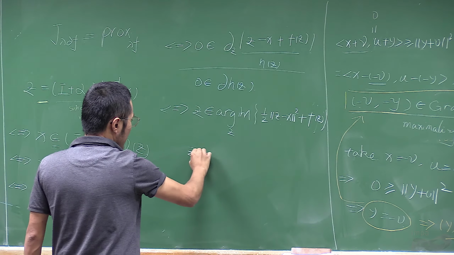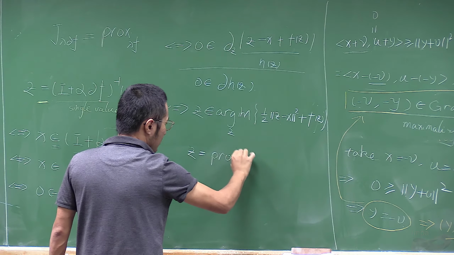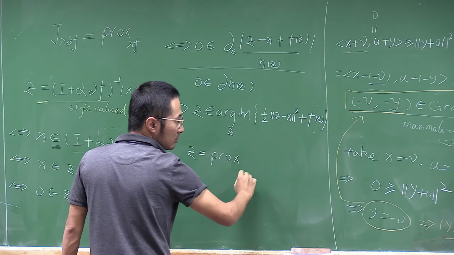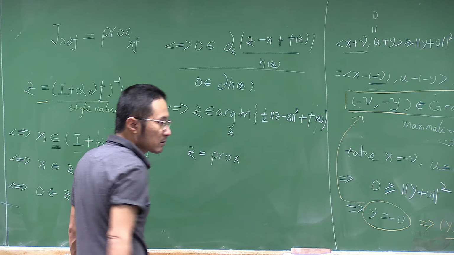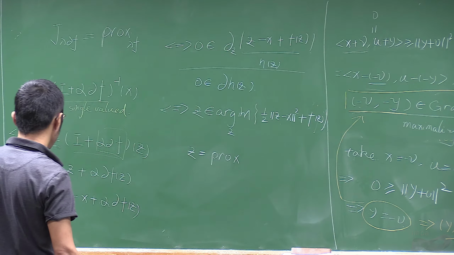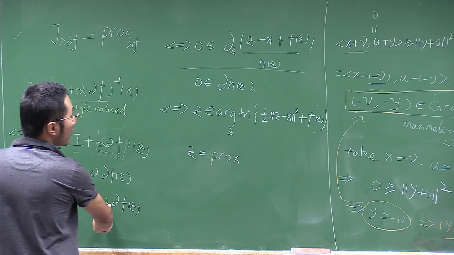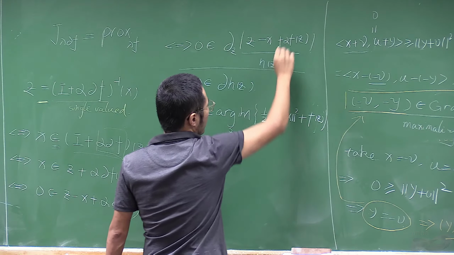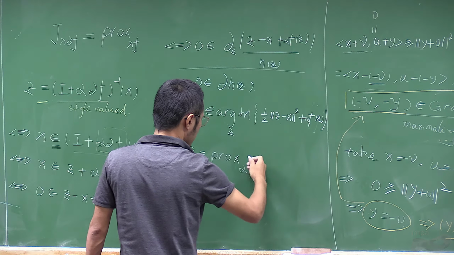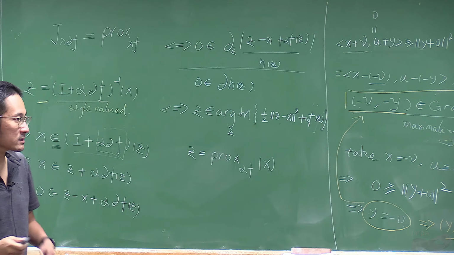This is the definition of the proximal operator with respect to alpha f of x. So we finish the proof here.